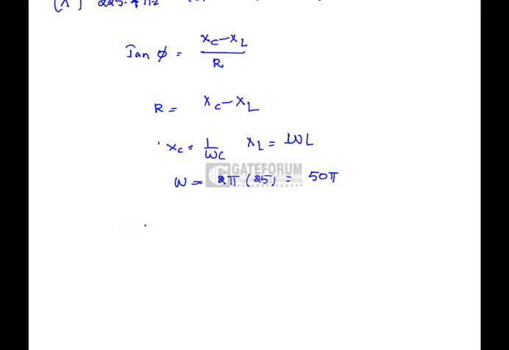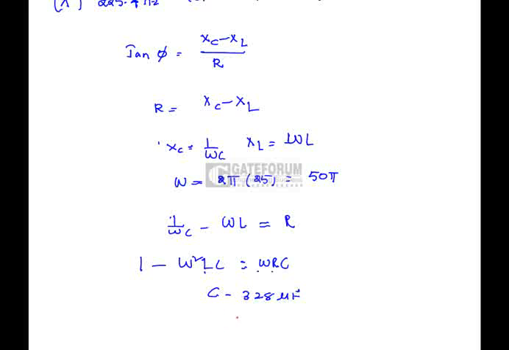If we solve like this, 1 by omega C minus omega L equals R, that is 1 minus omega square LC equals omega RC. Here L is known, R is known, omega is known. This is the only equation we need to derive the capacitance from. So we will get the capacitance value as 328 microfarad.